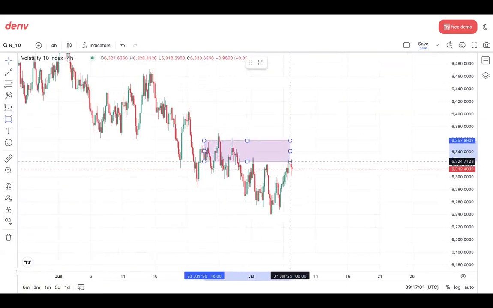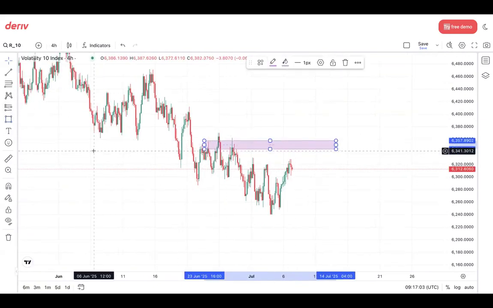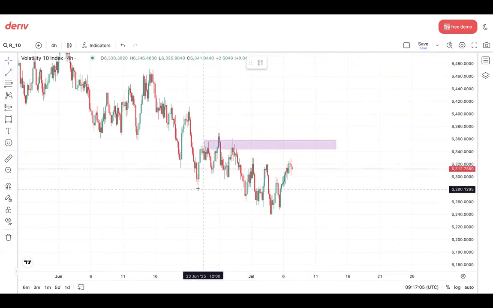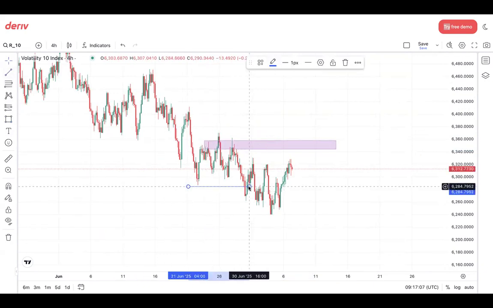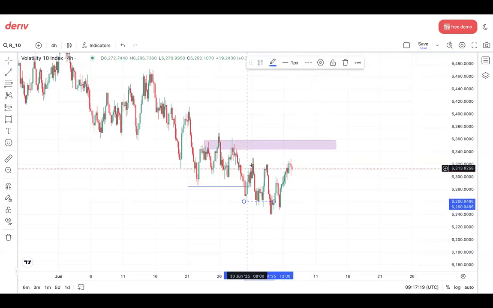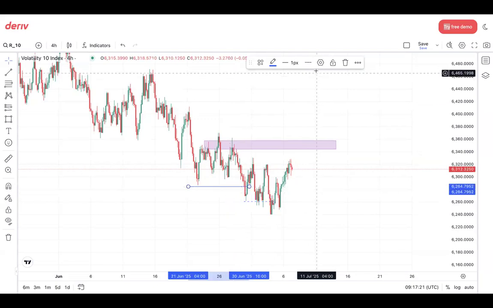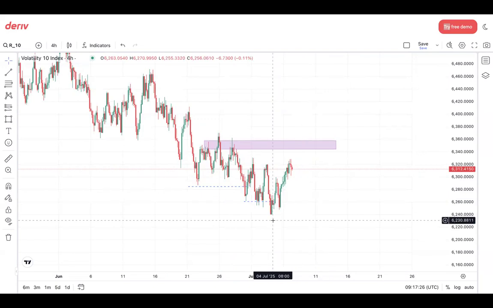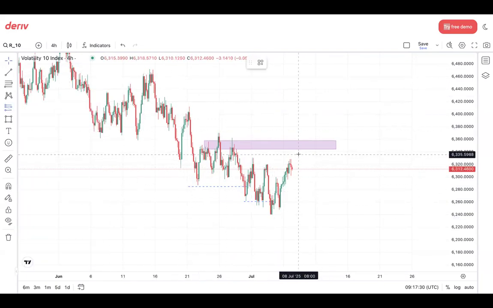First off, we have this area here. Then you mark out this zone. Now we have a break of structure that happened here as a 0.1 BOS. Then break of structure 2 that happened here as a 0.2 BOS. Then a short here.